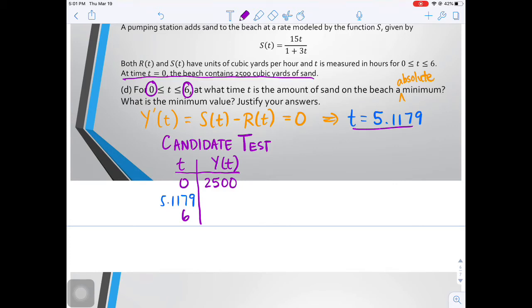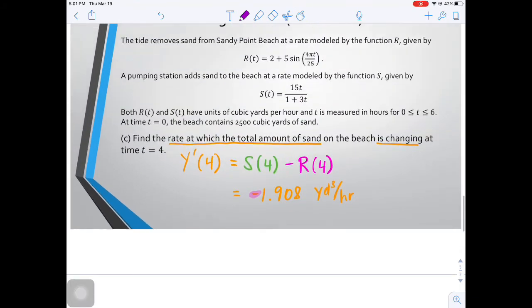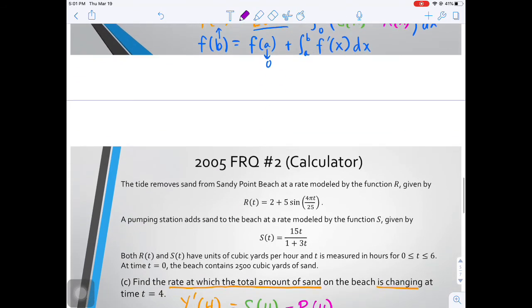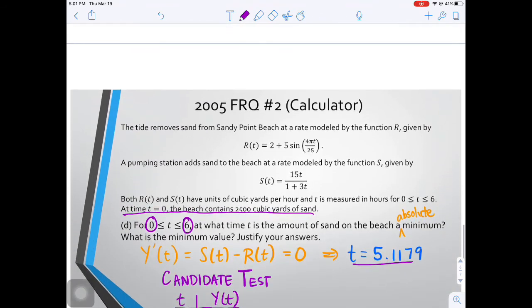To calculate the amount of sand at 5.1179, we need to use this equation right here that we came up with in part B. So we want y of 5.1179.